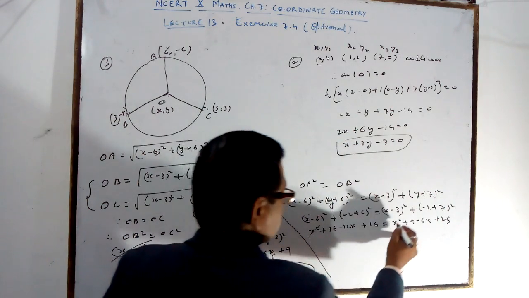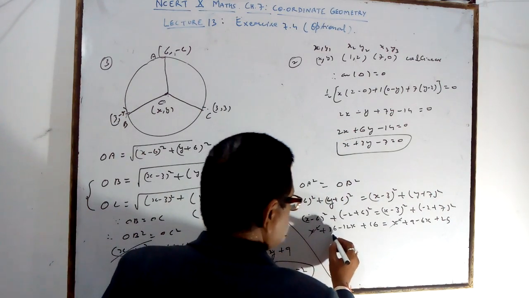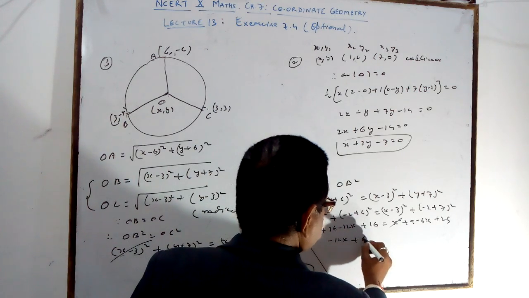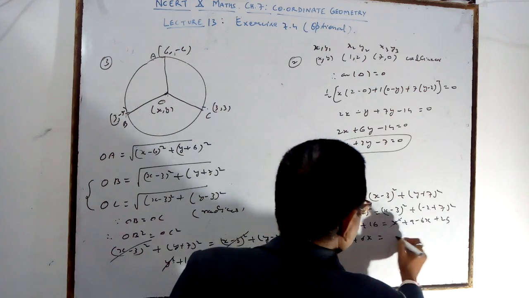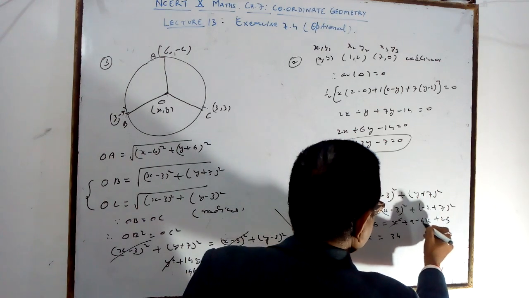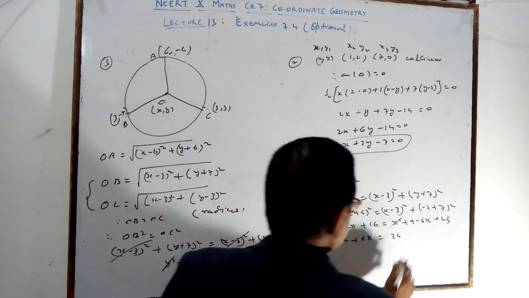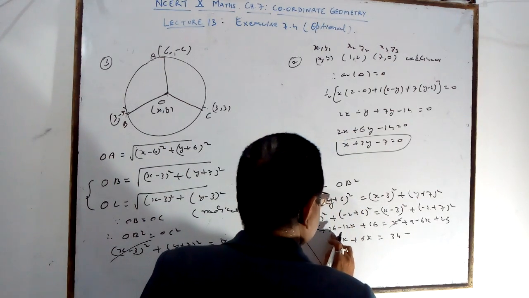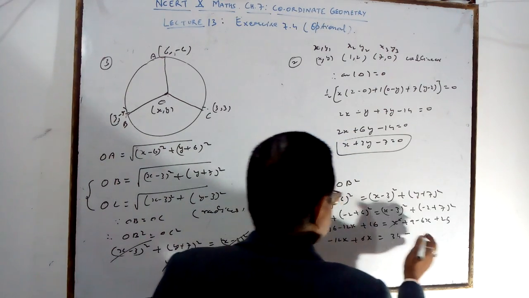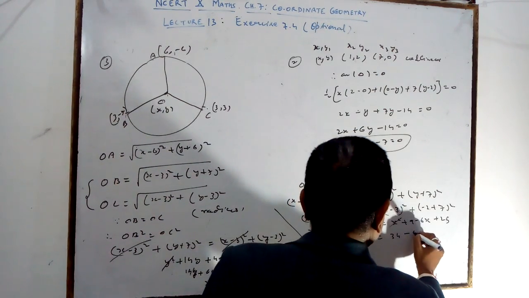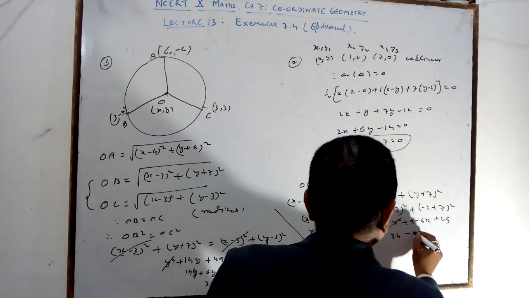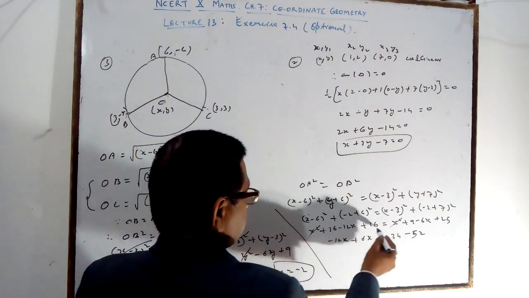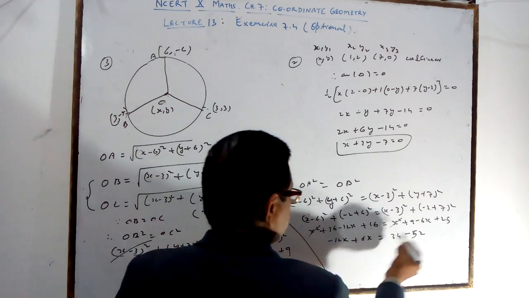Both sides x square will be cancelled. 36 minus 12x plus 6x is equal to 34. 9 plus 25 is 34, minus 36, 52.